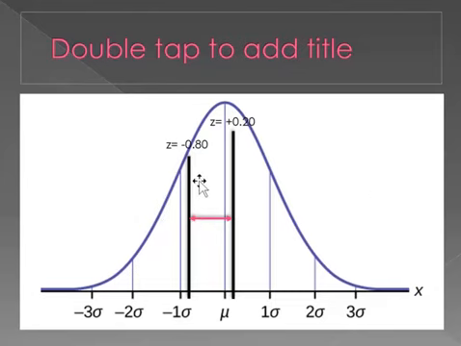A z-score of negative 0.80 corresponds to 50 miles an hour. A z-score of plus 0.20 corresponds to 60 miles an hour. So how do you think we might do this? Think about it for a second. Pause the video. When you come back, I'll talk you through it.